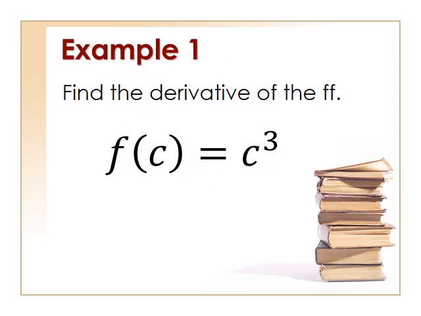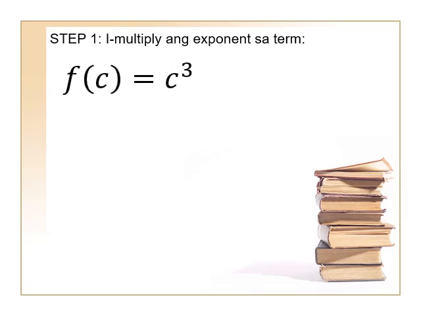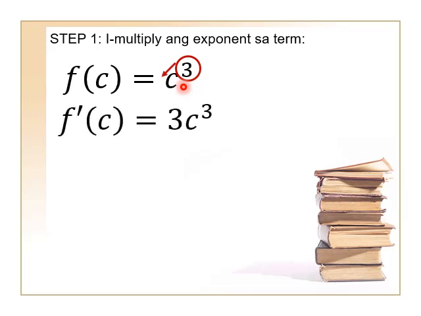Okay, find the derivative of the following. So, f of c is equal to c cubed. Okay, so first step, i-multiply muna ang exponent sa term. So, ano ba exponent dito? So, ang exponent natin dito ay itong 3. Ayan. So, you can imagine na parang ibababa natin siya, okay, para ma-multiply. Kaya, magiging 3 dito.